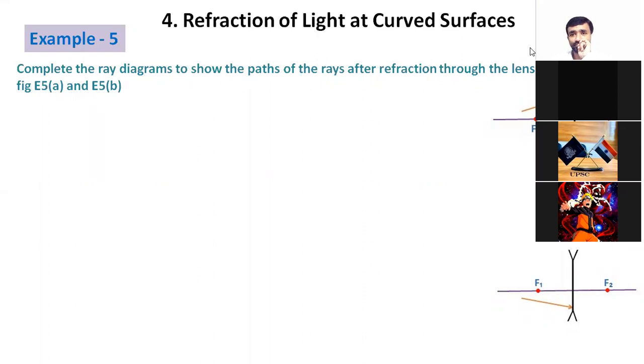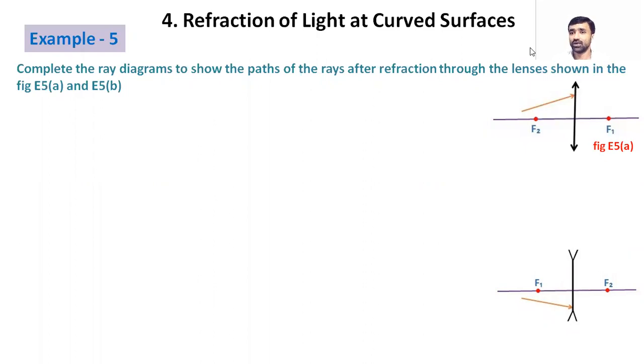No one? Okay. So here, we do not meet any situation, because the situations I know are passing through the optic center, parallel to the principal axis, and passing through the focus.